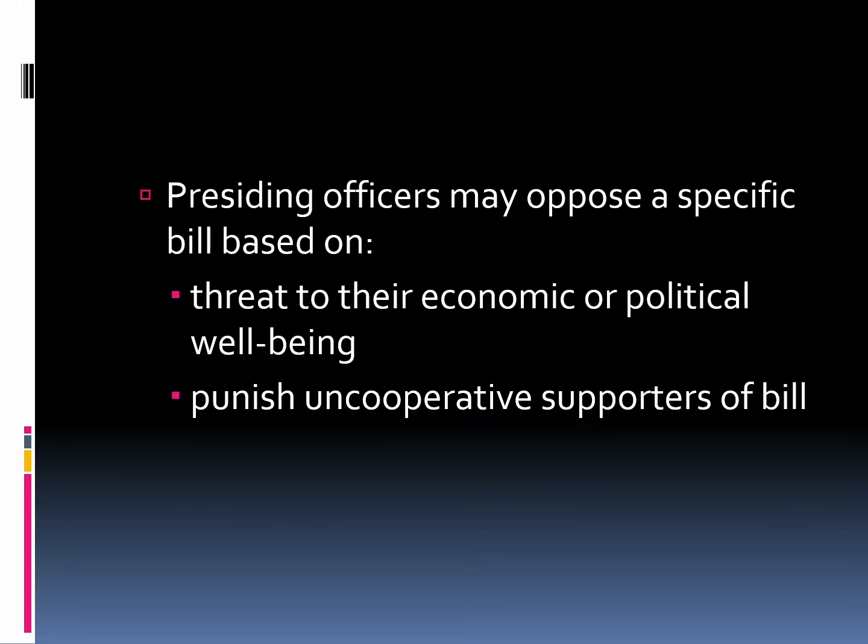Okay, sometimes these presiding officers, this legislative leadership, may oppose a bill for many different reasons. One, they may think that if we pass this bill, it might be a threat to their economic or political well-being. But the legislator goes ahead and introduces it anyway, because it might be that their constituency, and I don't know if I've defined that word or not, constituency means the people that they are representing, the ones that voted them in, might really be pushing for a bill.